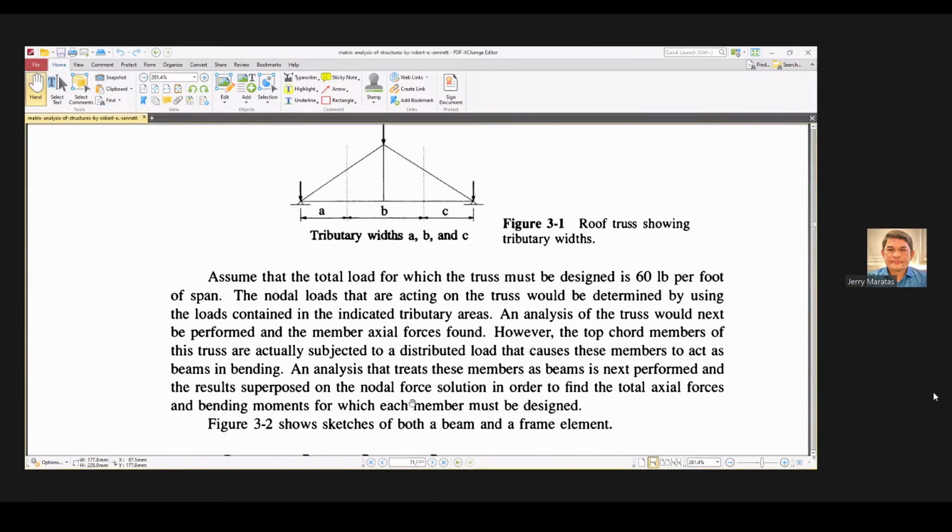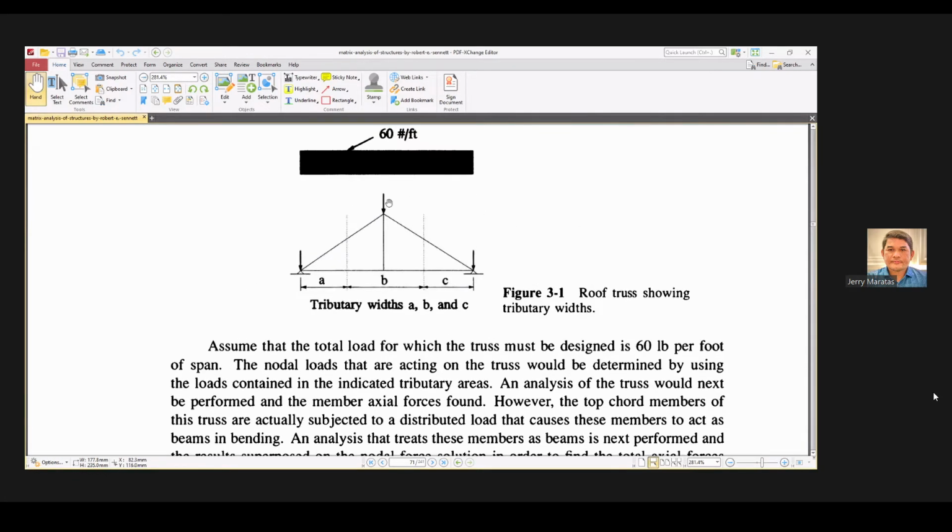So an analysis that treats these members as beams is next performed. The results superimpose the nodal force solution in order to find the total axial forces and bending moments for which its member must be designed. So ideally good. So ang truss is subjected to uniformly distributed load, no? So ang top chord member, since it is also subjected to bending, so you have to perform also secondary analysis where you take into account the effect of the flexural stresses.